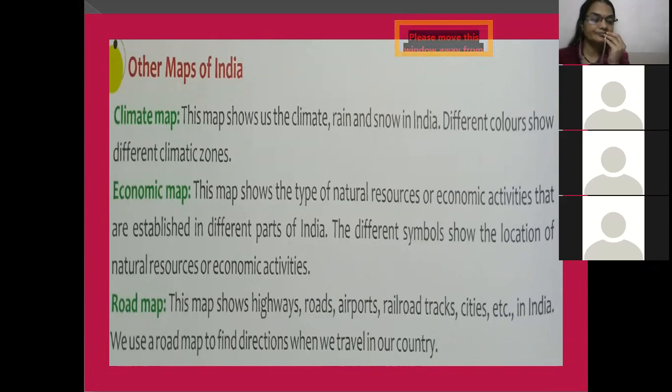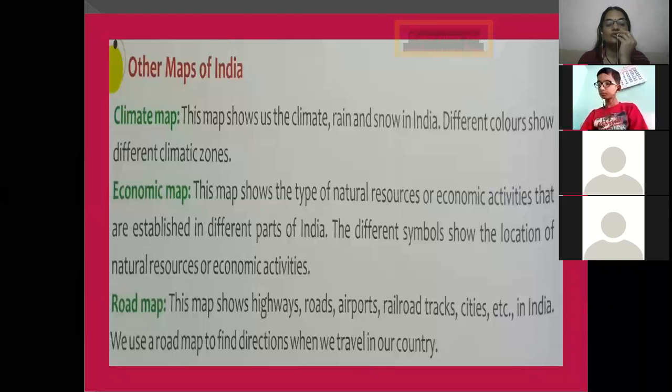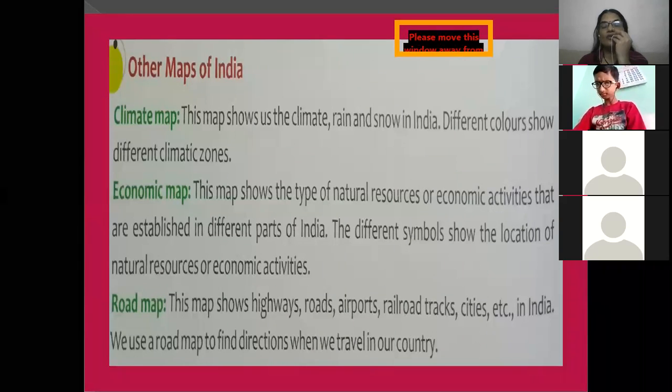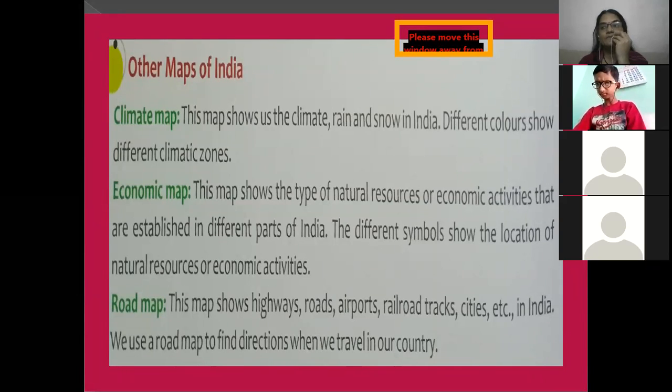When we are traveling, we don't know the proper route, so different road maps are used. See, there are maps for forecasting also, weather conditions, climatic conditions, and forest maps are also there. River maps are also there. These all are helpful to study particular things.